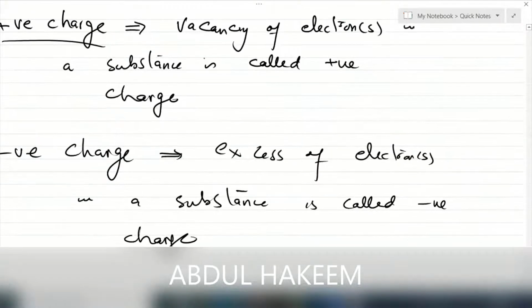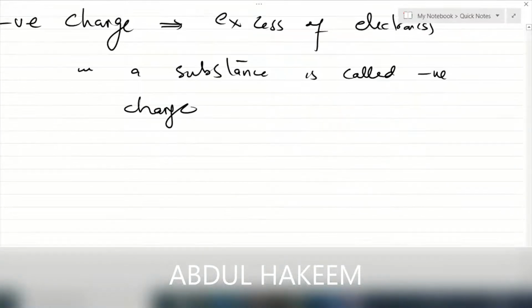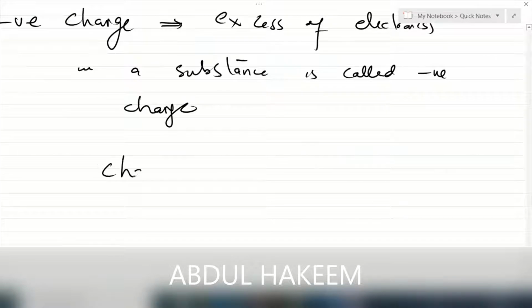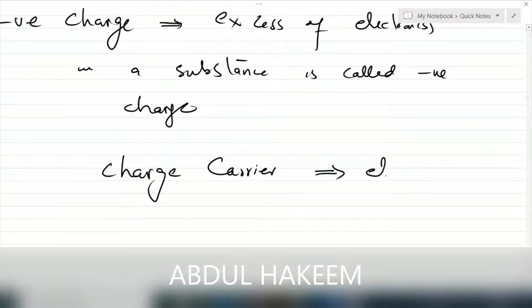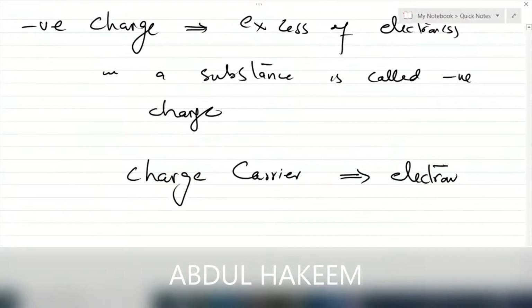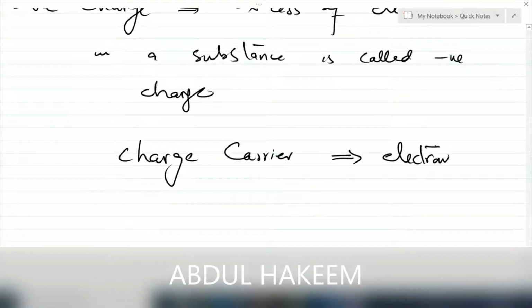Now, from these two definitions, it is clear that the charge carrier, either positive or negative, is just electron. So the charge carriers are electron. So positive charge is the vacancy of the electron, and the negative charge is the excess of electron.